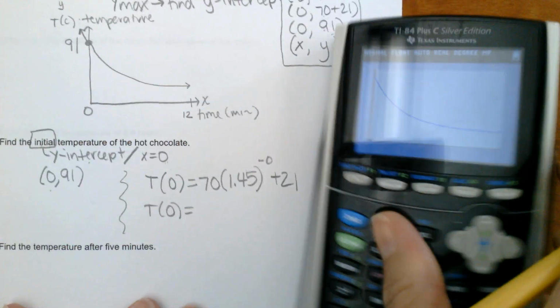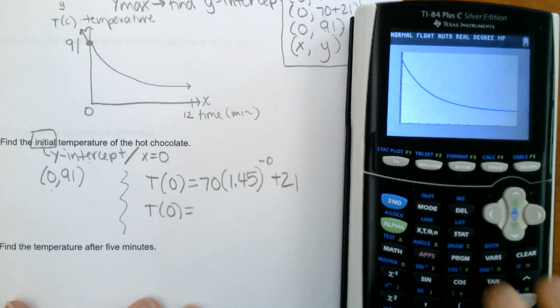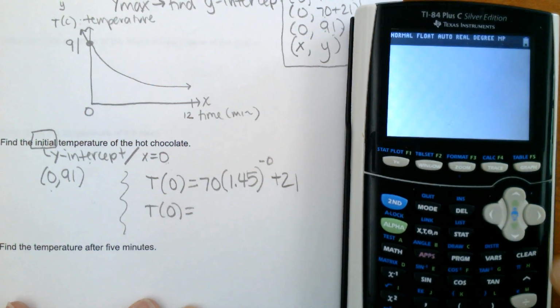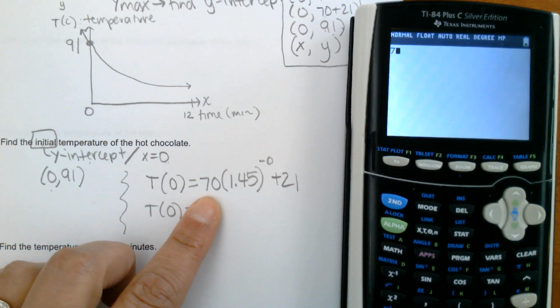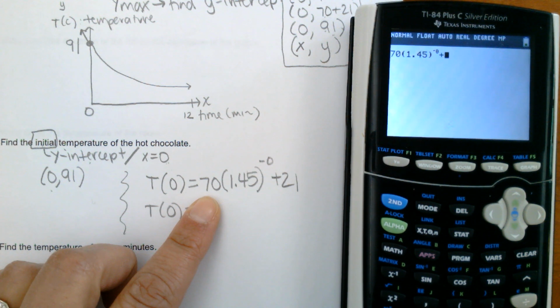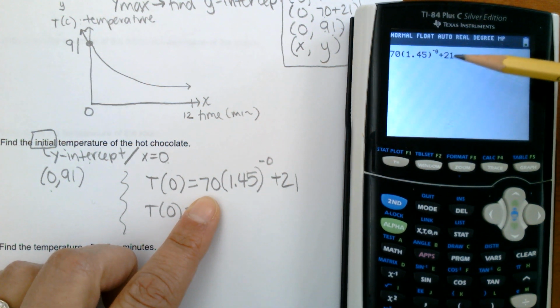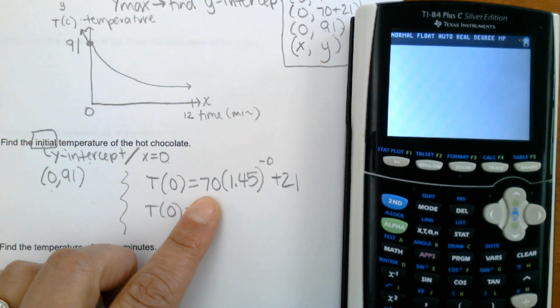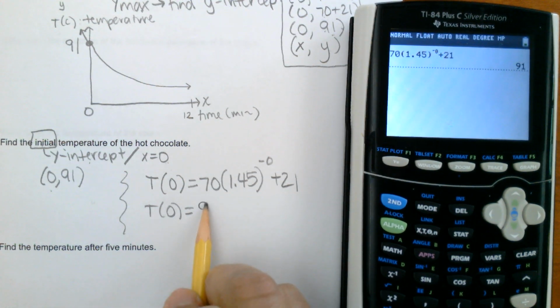Then we could just use our calculator, second quit, and we can put in this side, 70 parentheses 1.45 to the, if you want to put negative 0 in, that's fine, plus 21. Just remember to get out of that exponent position, enter, and we're going to get 91.